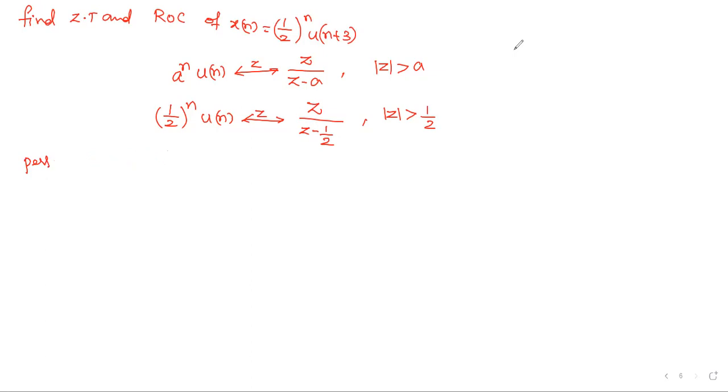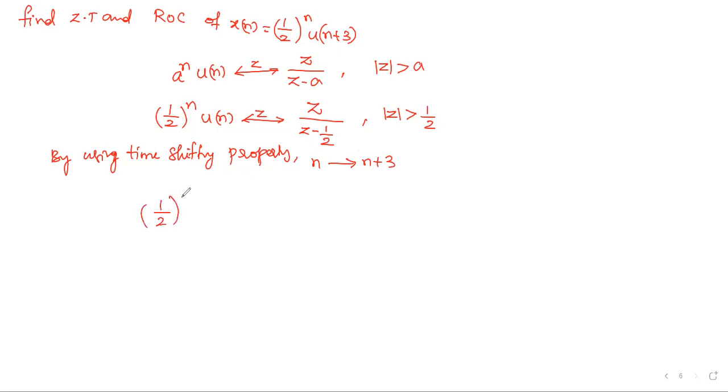So now, using the time shifting property, in the place of n, you write n plus 3. In the place of n, you write n plus 3. What will we get? 1 by 2 whole power n plus 3 into u of n plus 3.